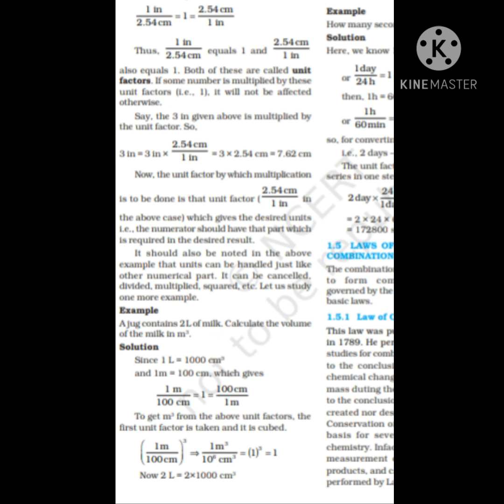So for converting 2 days to seconds, the unit factors can be multiplied in series in one step as follows: 2 days into 24 hours by 1 day into 60 minutes by 1 hour into 60 seconds by 1 minute. Then apply basic operations and you will get the answer.